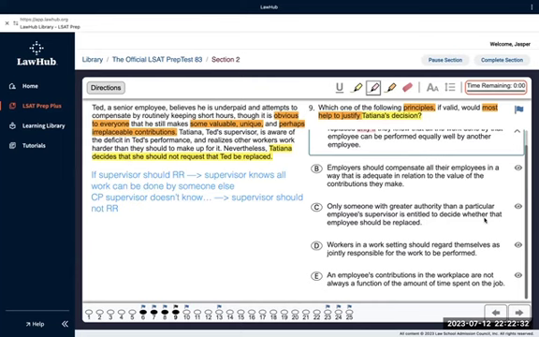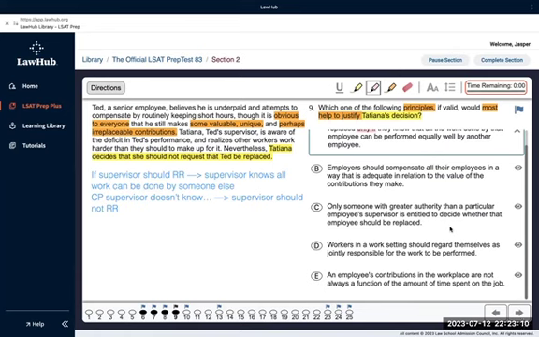We want something that's going to connect the support that we have for the decision to the decision, rather than explaining why that's within her decision-making capacity, if that makes sense, like within her ambit of decision-making. All right, D, workers in a work setting should regard themselves as jointly responsible for the work to be performed. Again, yeah, not relevant to Tatiana's decision here.